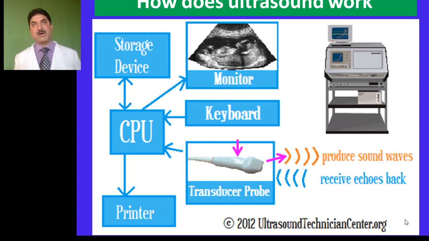These waves, after passing through the tissues, get reflected back and are picked up by the transducer. These signals are then sent to the central processing unit, which converts them into an image which is displayed on screen. This image can be recorded or it can be printed out, which can be given to the patient as the USG film.